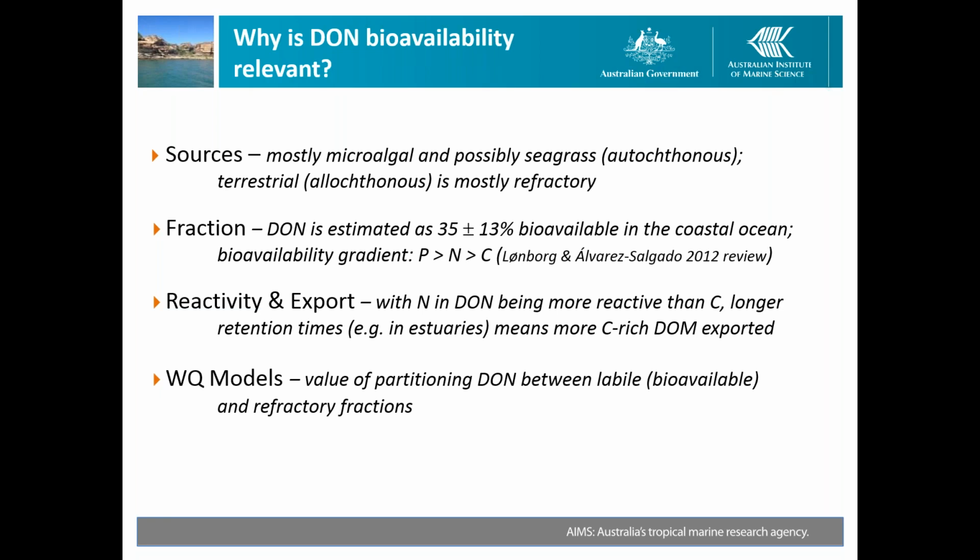And in a recent view by Lomborg and Alvarez Salgado, it has been suggested that there is a bioavailability gradient for these organic forms, P greater than N greater than C. As a result of this, the organic material within estuaries produces material for export that has changed ratios of P to N to C. An example in such as Darwin Harbour are mangroves that retain organic material and process it over extended periods.